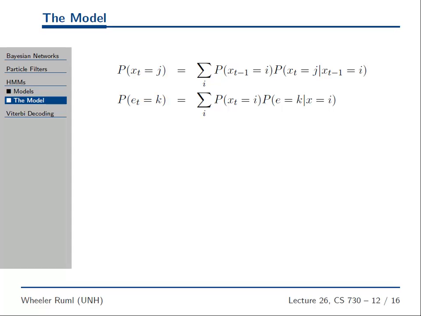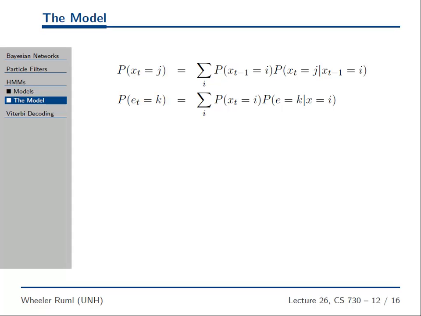The probability of being in state J at time t, people usually use x for the state of the system, is equal to the sum over all the states we could have been in at the last time step times the probability that if we were at I the last time step, we would have transitioned to J at the current time step. This is the transition model of the system.